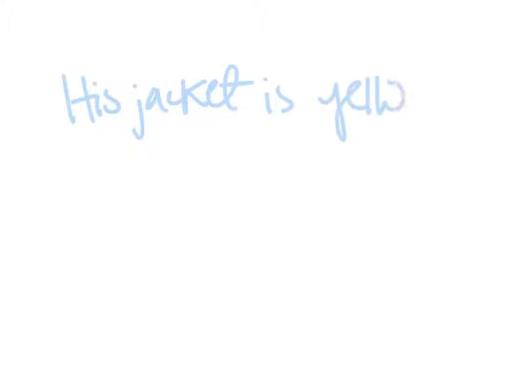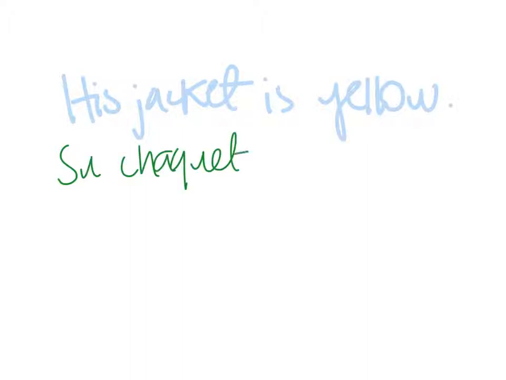Let's just look at a couple more examples really fast, and then we'll be done with this. Okay? If I say, his jacket is yellow, the translation of that would be su chaqueta es amarilla.